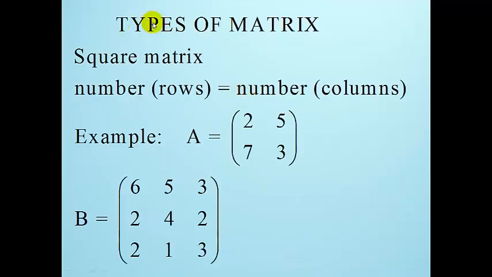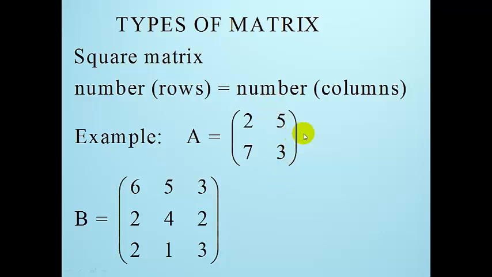Now let's look at some types of matrix. We consider the square matrix. A square matrix is a matrix with the number of rows being equal to the number of columns. When we consider the example of the matrices we have here, A equals 2, 5, 7, 3. We have 2 rows and we have 2 columns.